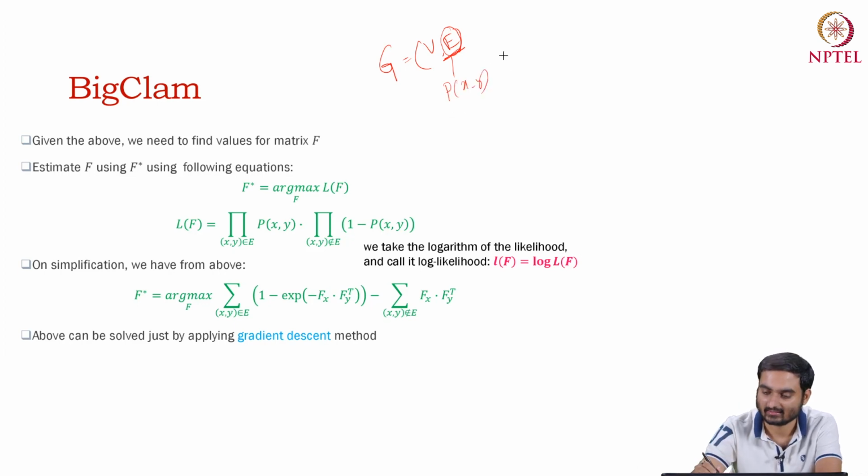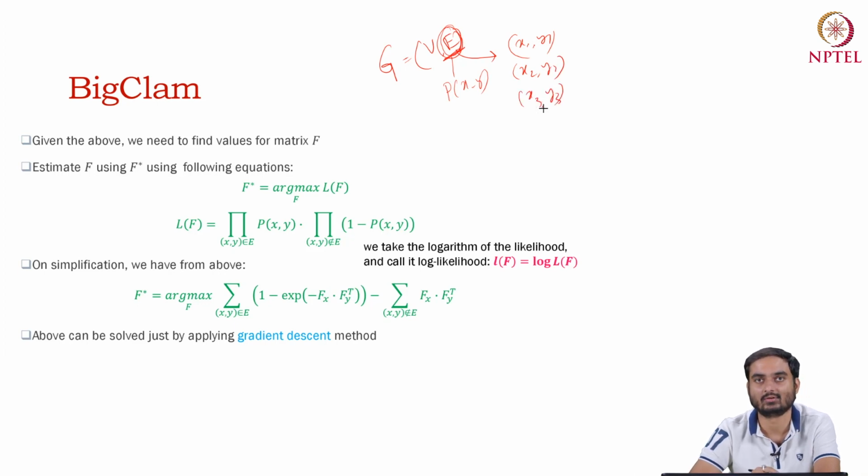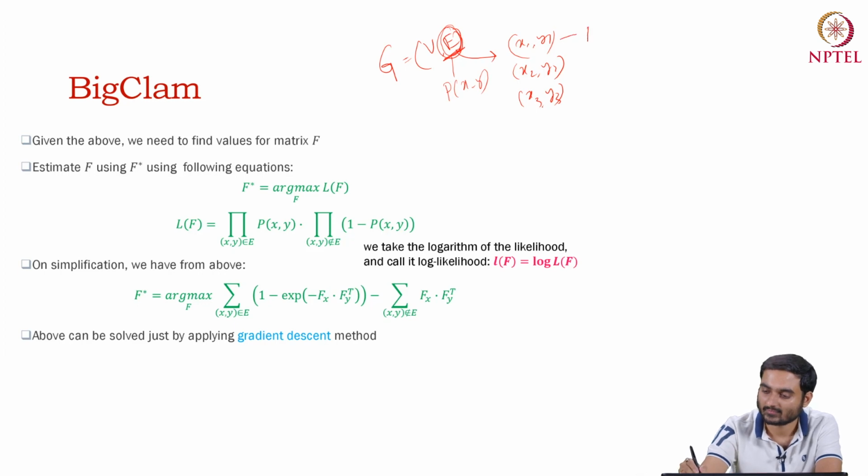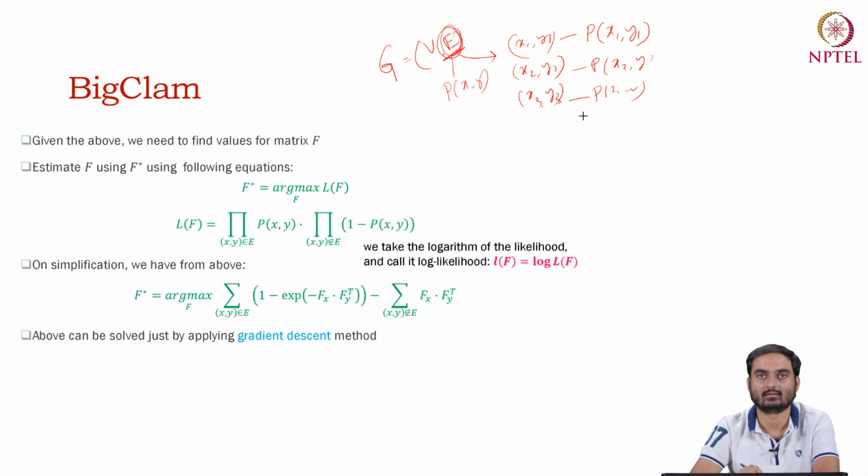Say in this edge set, we have x1 comma y1, x2 comma y2, x3 comma y3. These are pairs of vertices which actually form edges. So we know P of x1 comma y1 from our model. We know P of x2 comma y2. We know P of x3 comma y3.